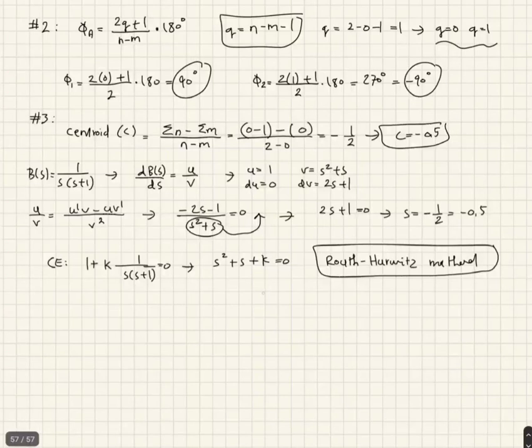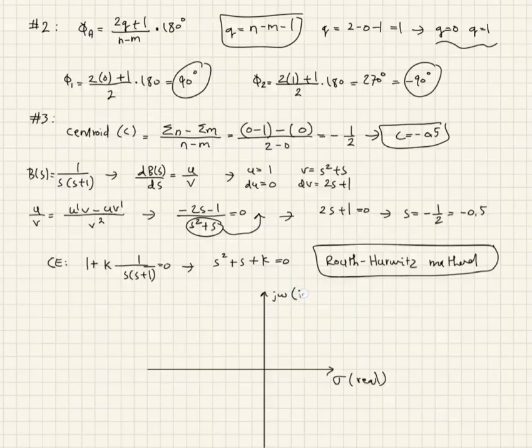Now we have to draw the root locus, so we're just gonna draw this, okay? This is the real axis, and this is the imaginary axis, and let's locate our points. So we have a pole at 0, we have a pole at -2, so -1, -2, okay? We only have these two poles.